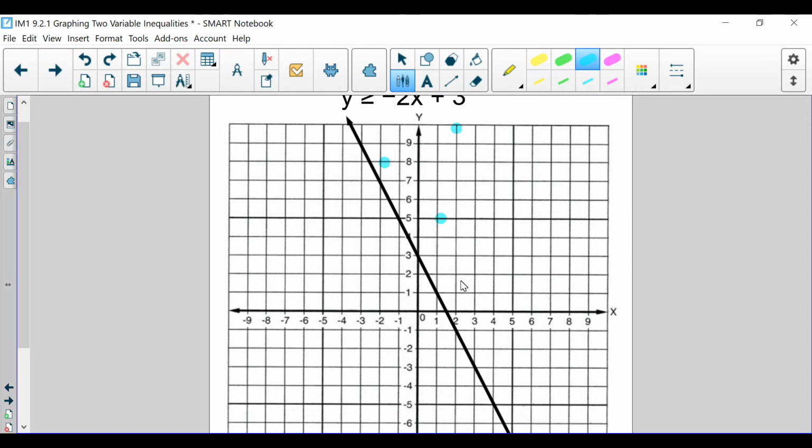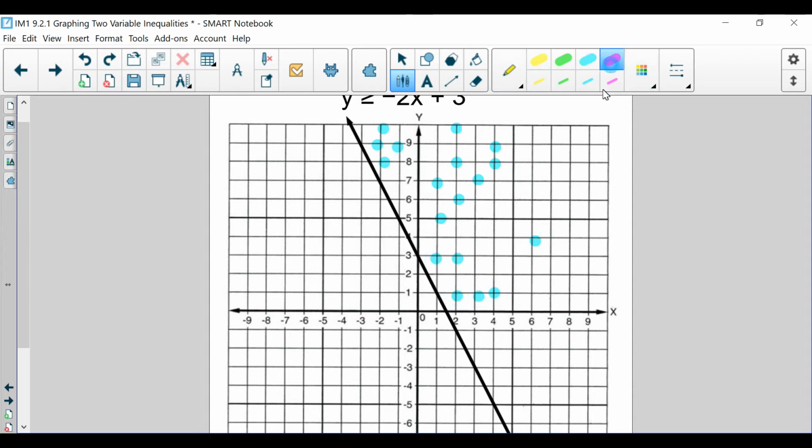And if you were to test a bunch of solutions, you're going to start to notice that all the solutions are appearing where? Above the line or below the line. So if we were to do this in class, all the students would end up putting their points here, because these are the only points that create solutions.